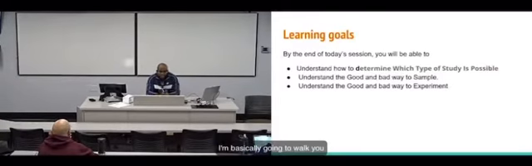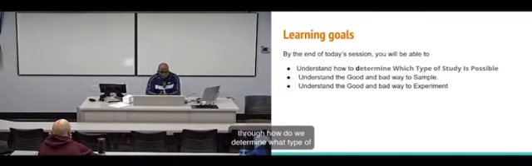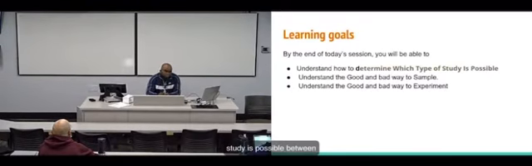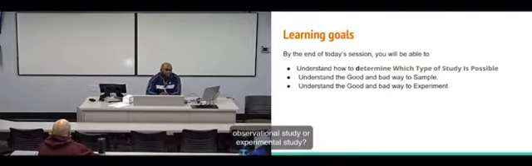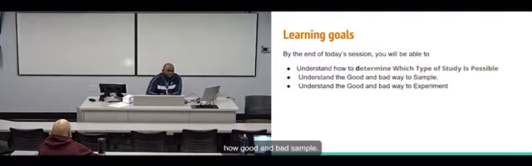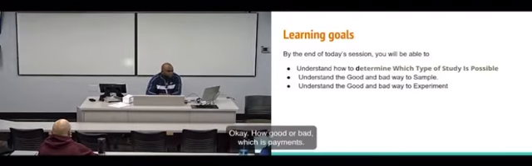I'm basically going to walk you through how we determine what type of study is possible, between observational study and experimental study. Then I'm also going to walk you through good and bad ways to sample, and good and bad ways to experiment.